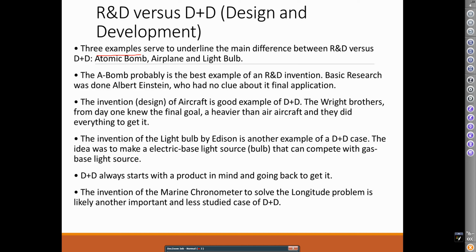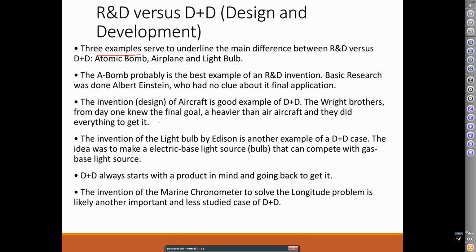It means that a new approach, a new theory, very important for the society, was invented, but unfortunately the society didn't recognize the postponed effect of this invention. So basic research wasn't correlated with the final result, the final application.